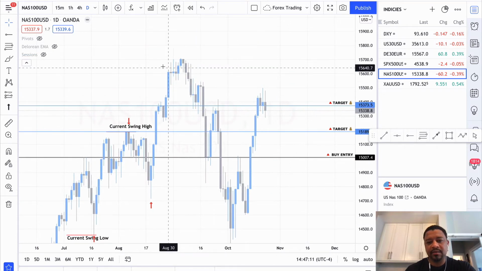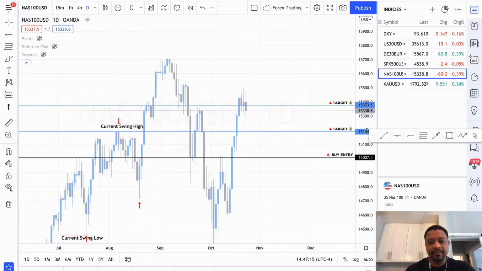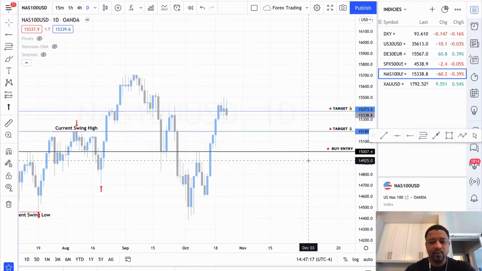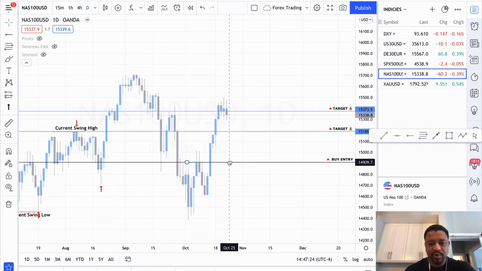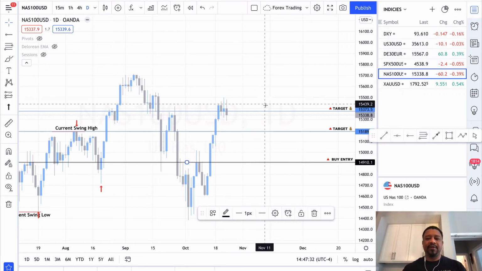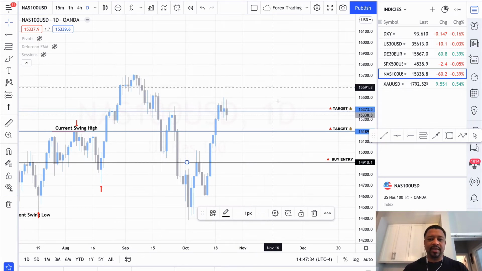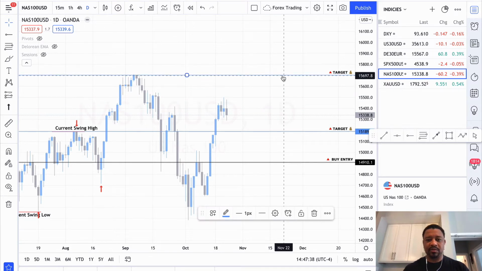So NAS is still in a lower high. So let's see if it will come back to retest this area here. So this is a breakout on the daily. As you can see, it broke beyond this zone. Let's see if NAS will come back into these areas. If it does, I will be looking to take it back to where it was.